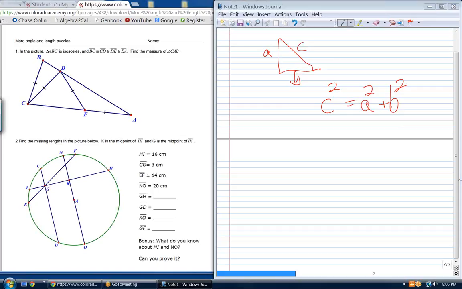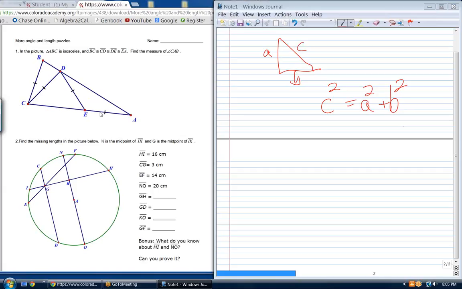I guess this hash mark, can you see my mouse? Yeah. This hash mark here, they don't have, okay, ABC is isosceles because AB is equal to AC.